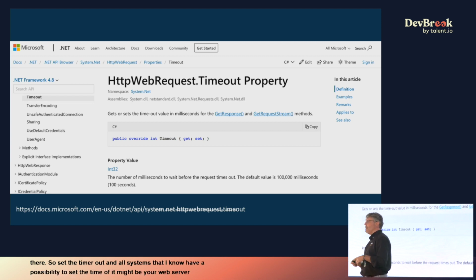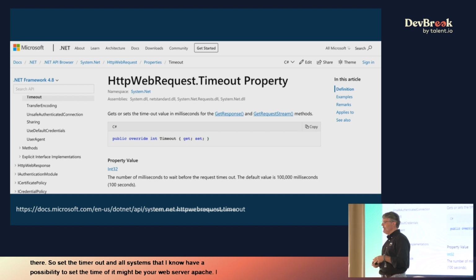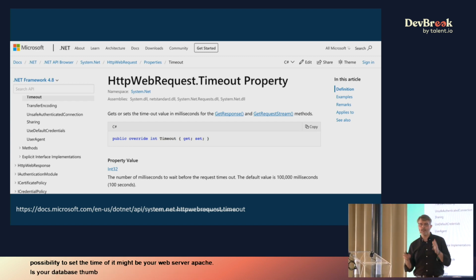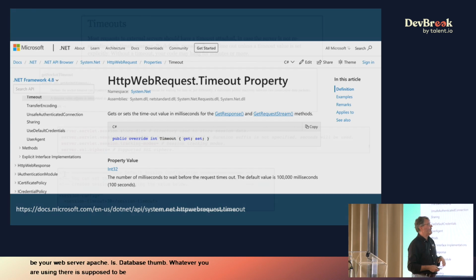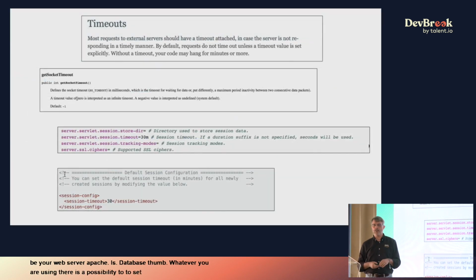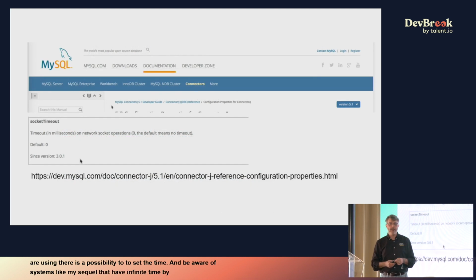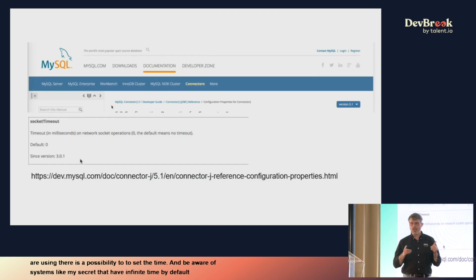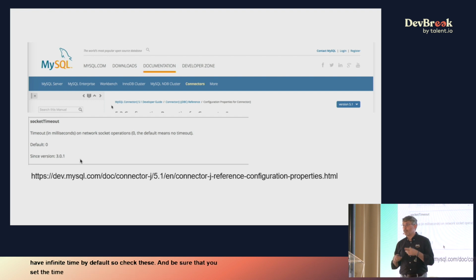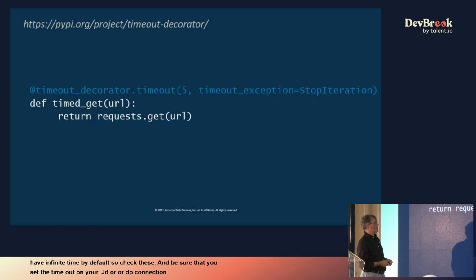It might be your web server, Apache, IIS, your database, Tomcat, whatever you're using, there is a possibility to set a timeout. And be aware of systems like MySQL that have infinite timeout by default. So check these and be sure that you set a timeout on your JDBC or ODBC connection.